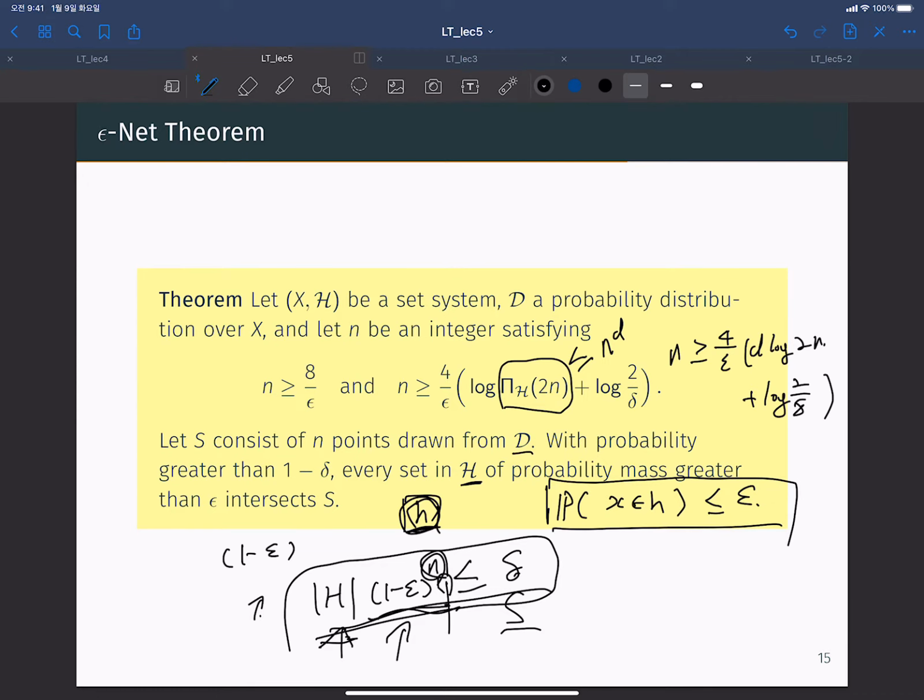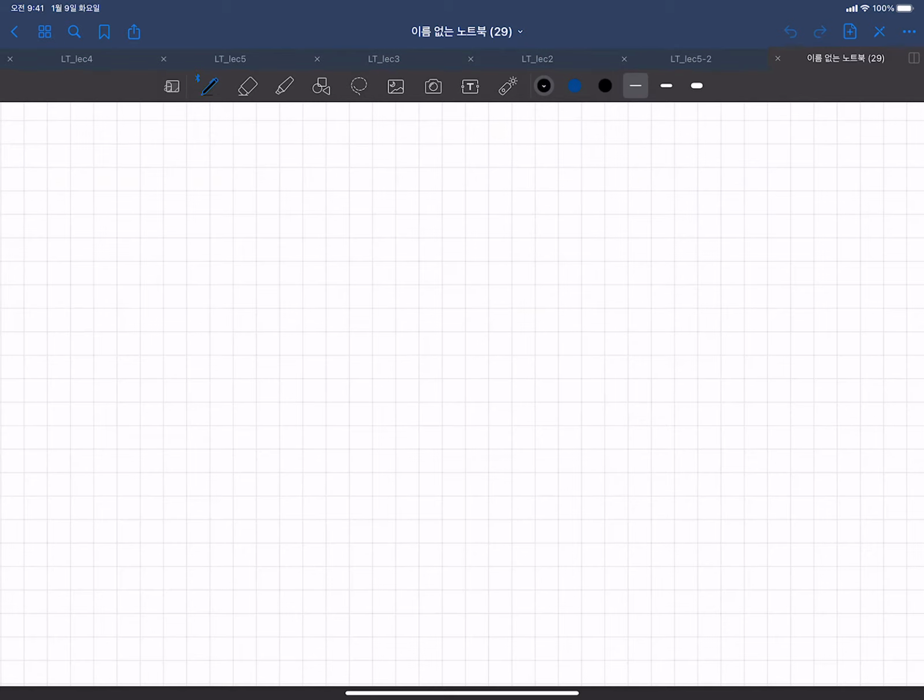Okay. So for the proof, we will use an interesting proof idea, which is the double sampling technique. Before explaining what the double sampling technique is, I want to explain why we have to use such an additional technique. Why not simply use a size n dataset directly?